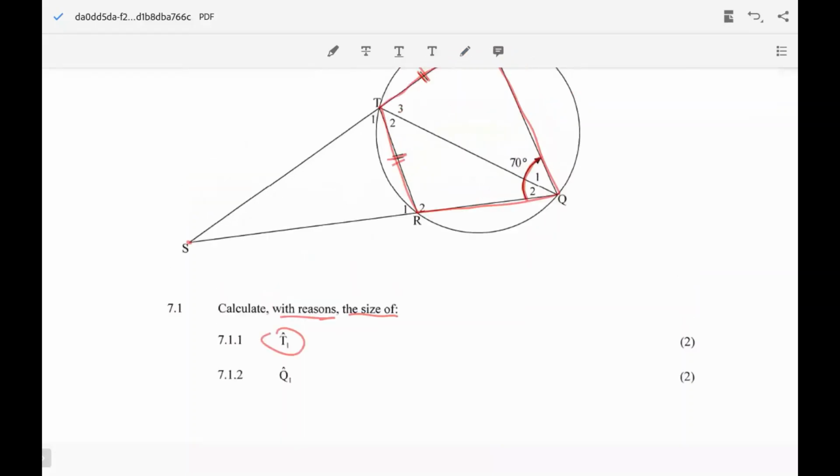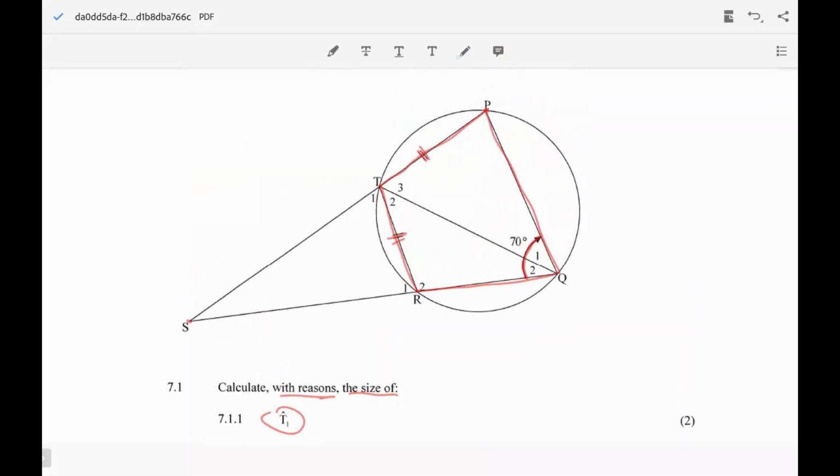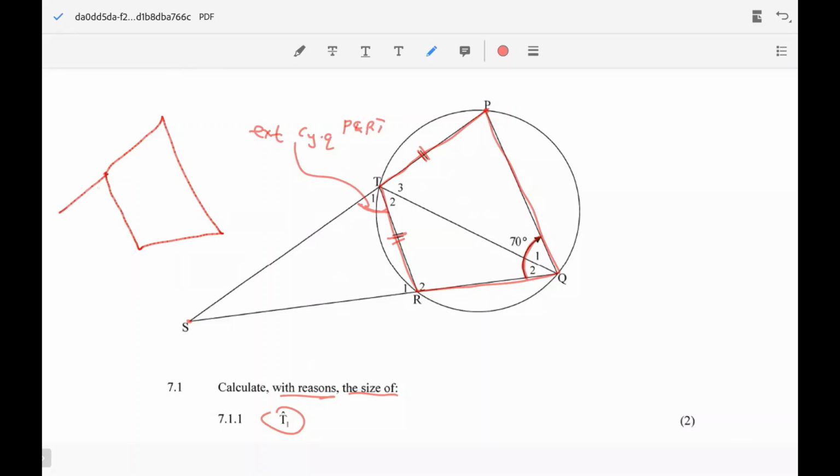So where is T1? T1 is here. T1 is actually an exterior angle to our cyclic quad PQRT. If I resketch it, this is where we have our angle T1.